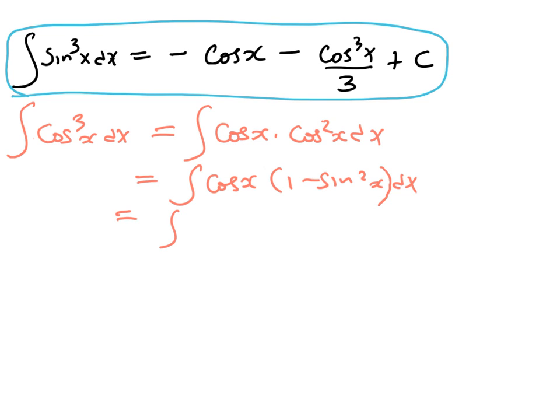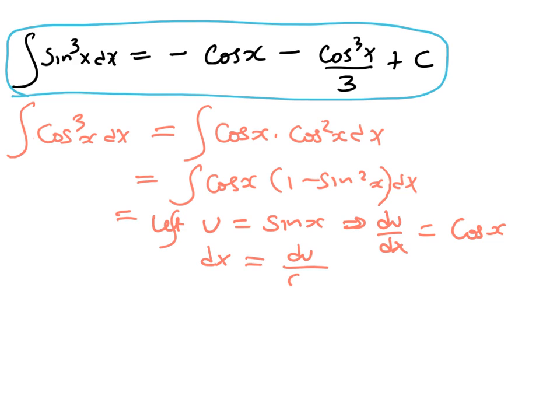You maintain the cosine, and you let u equal just sine of x, not sine squared. So du by dx will be cosine of x, and therefore if you make dx the subject, dx is du over cosine of x.